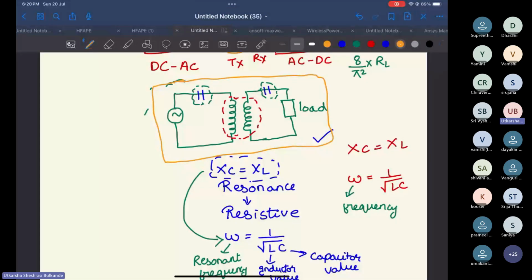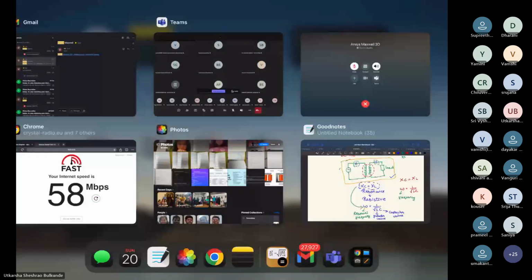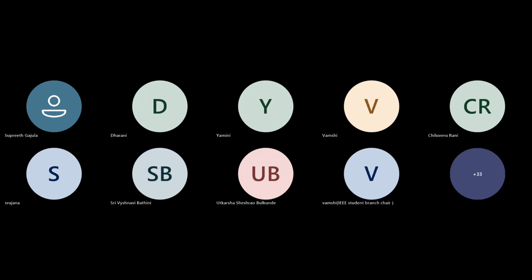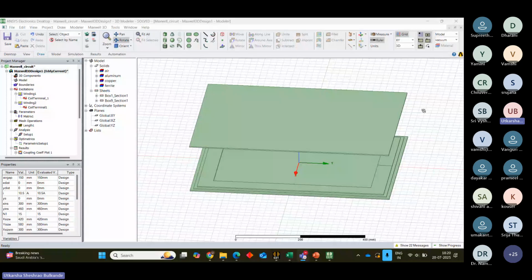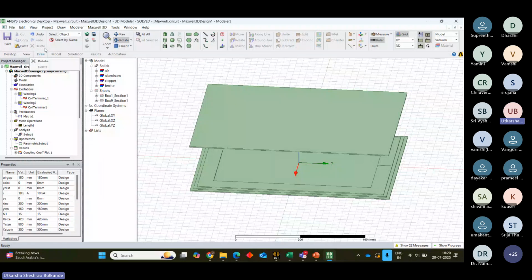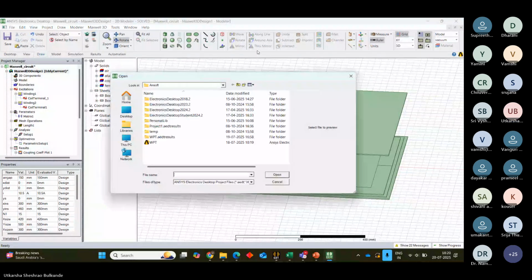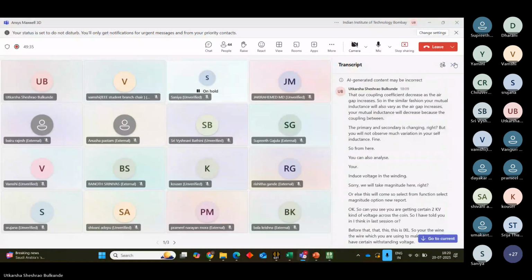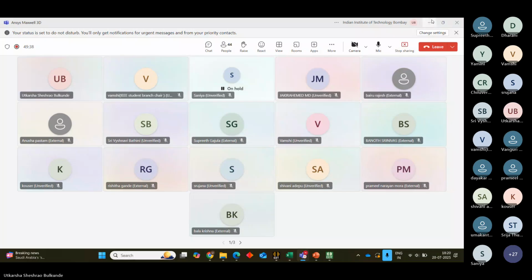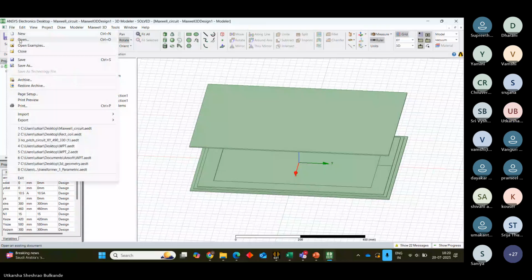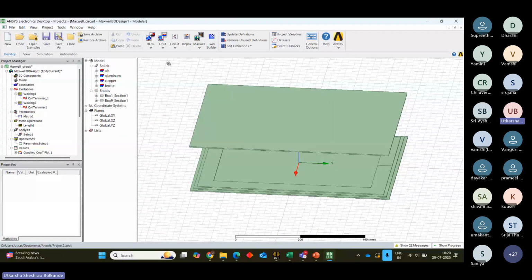So let's see how we can do this. I told you that we have two options in Ansys for simulating the circuit. One is this Twin Builder.